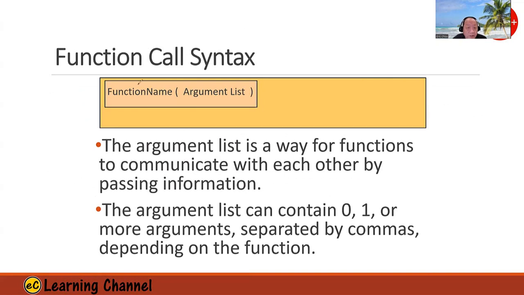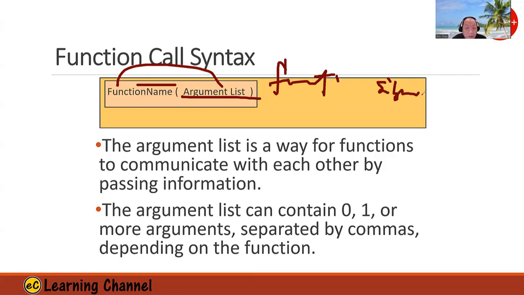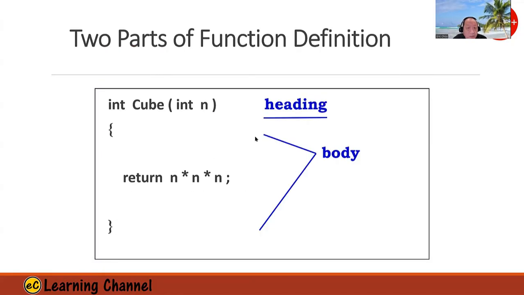And a function has a function name and an argument list, and this whole thing we call a function signature, okay? These are the same, so we don't repeat it.